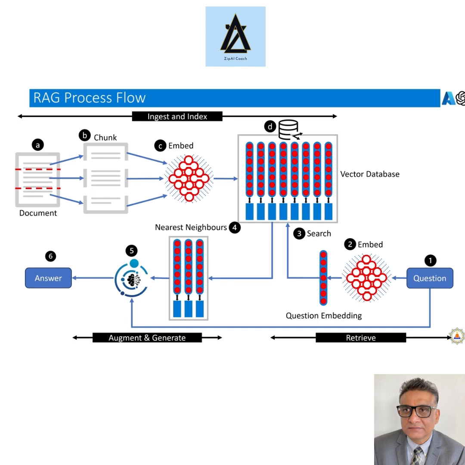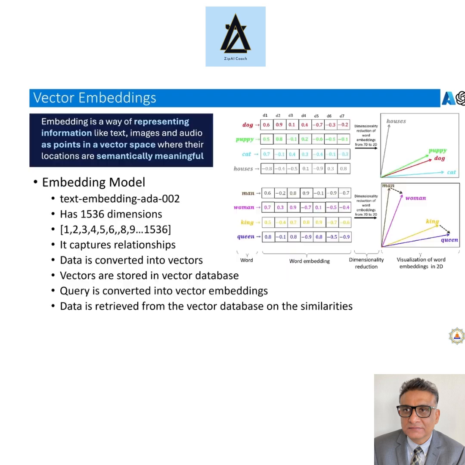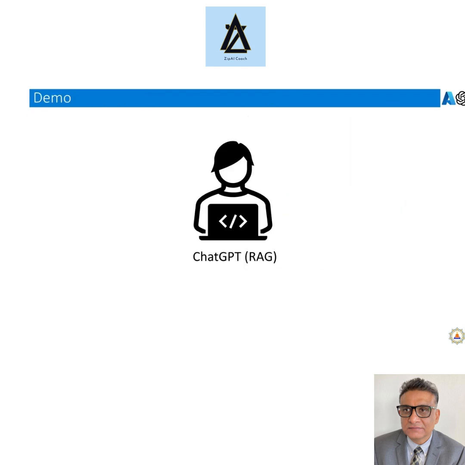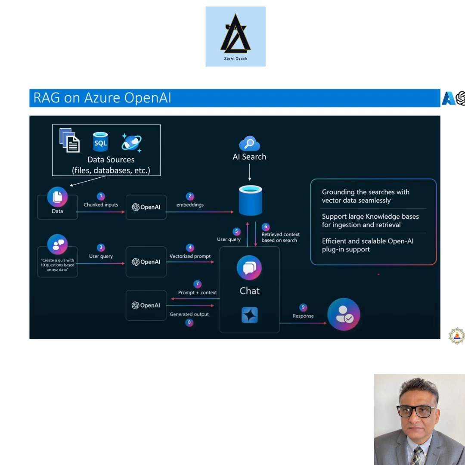And when I asked who is Tarun, the second time, it vectorized that after embedding and searched that vector database and then pulled out the relevant information to generate that correct answer, which was grounded on facts.